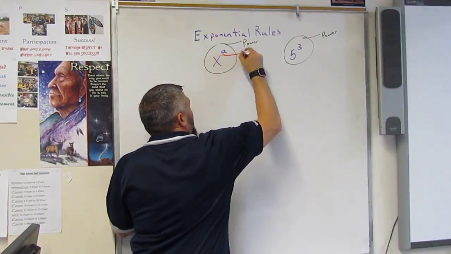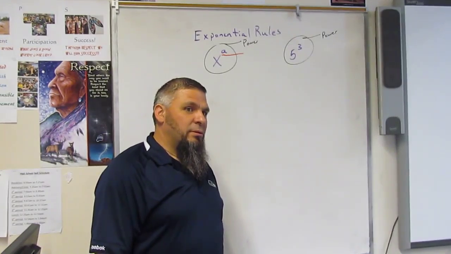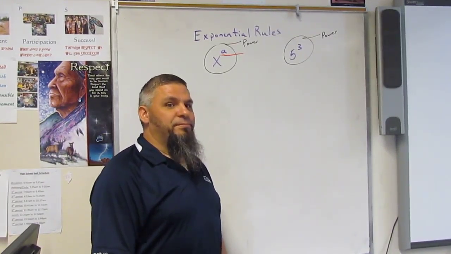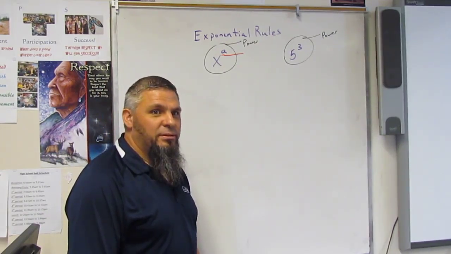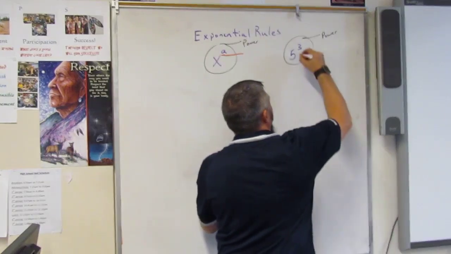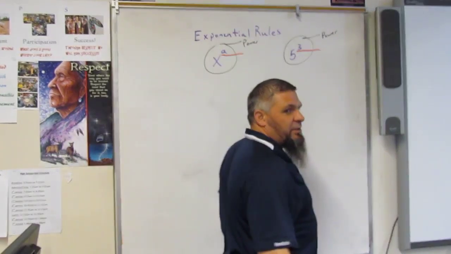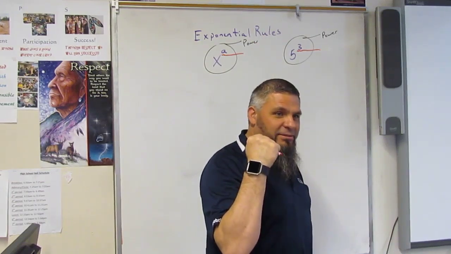This, anybody know what that's called? Someone's got to know what that's called. The thing up top, let me go here. Anybody know what this is called? And if you say 3, I'm hitting you in the face. I'm just kidding.